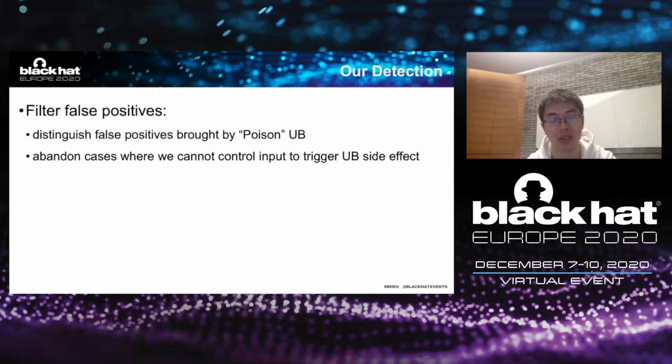We can automatically filter false positives brought by present undefined behavior and select the cases where we can control input to trigger the undefined behavior's effect. Then most of the output should be the true undefined behavior we anticipate.